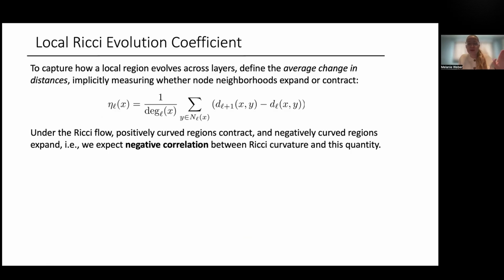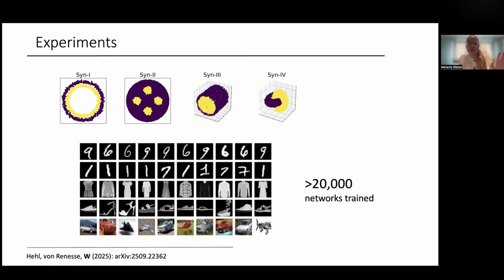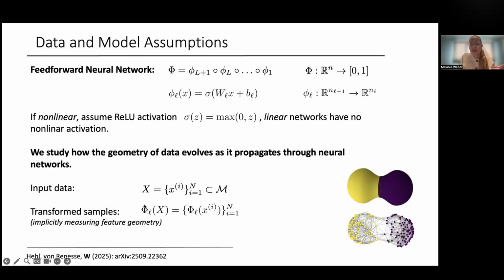So what we want to do is to take a look at the evolution of the feature geometry by measuring the geometric properties of those geometric graphs that we have constructed from the data, so the reconstruction of the data manifold, as well as the geometry of those transformed samples.